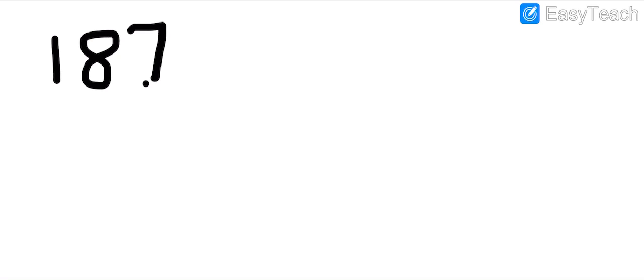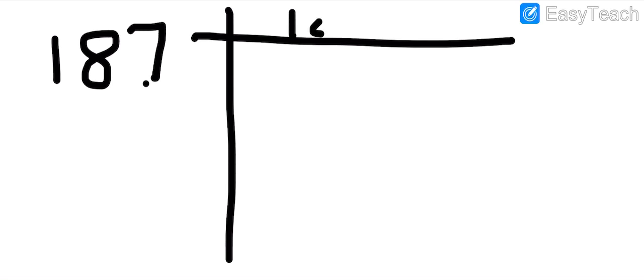Next is 187. Okay, so let's start it. 187. Since the last number is odd, it's very clear that it cannot be divided by 2. So we'll start with 3.